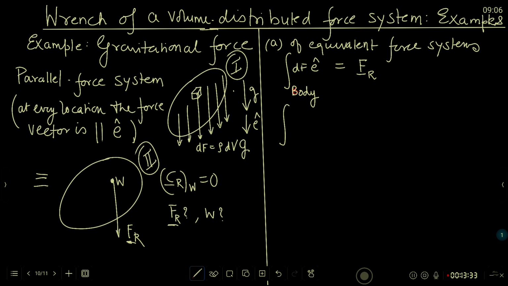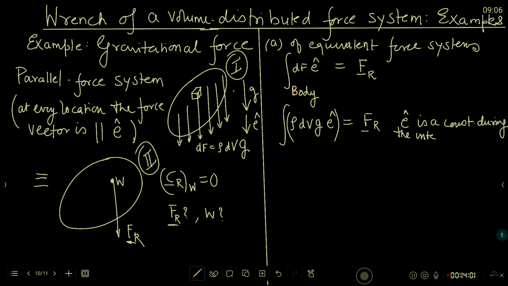Now I replace dF in terms of the local density, local volume, acceleration due to gravity, and the vector E. Now since vector E is a constant during the integration process, I can pull that out and I have the integral of rho g dV equals Fr.